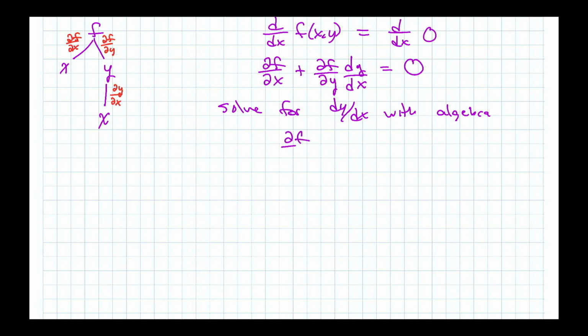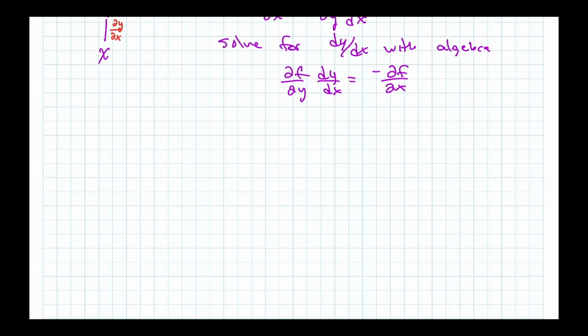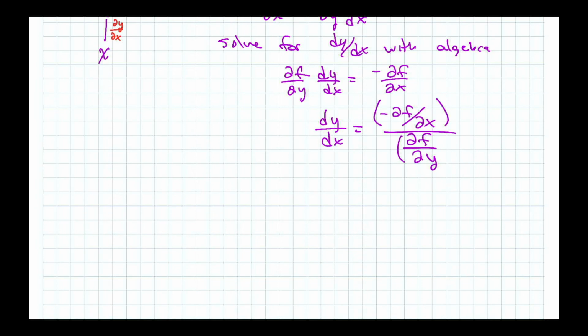So you'd have partial f partial y dy dx equals negative partial f partial x. And then to solve for dy dx, we need to divide this df dy term over to the other side, and you get dy dx is negative partial f partial x over partial f partial y. And that's like a formula.